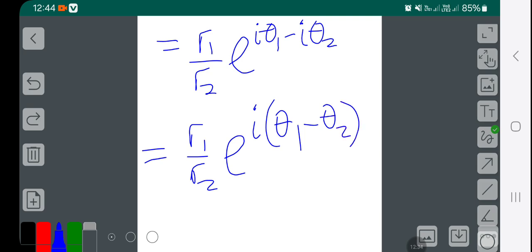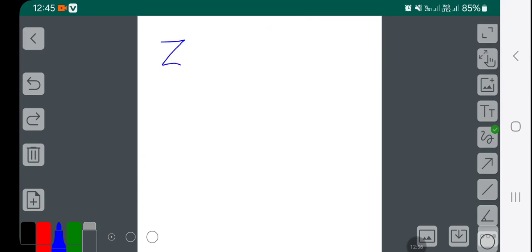That is very important when you are dealing with exponential form. When you are dividing, you divide your modulus and subtract your exponents. Then I want to give you another important thing: if you are multiplying, it can be z1 multiplied by z2.